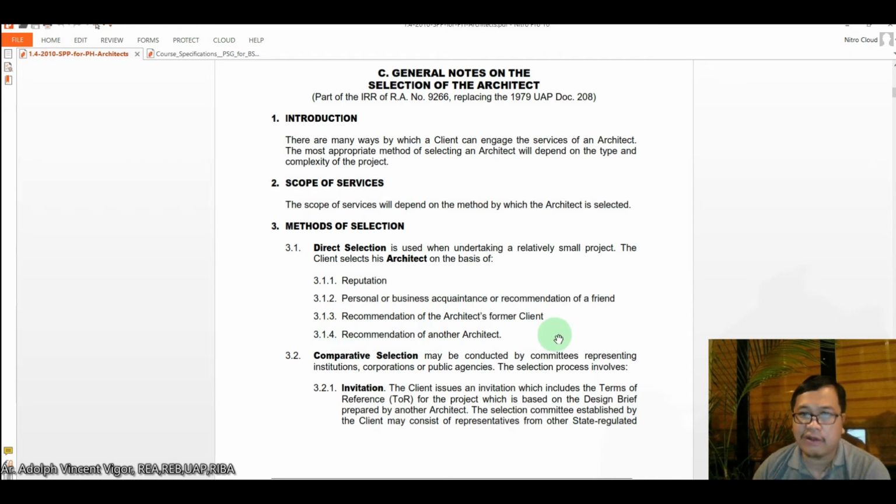So recommendation of your former client, class, it happens when you perform quite well in the previous project and you have built a good relationship with a former client. So usually this really happens, especially if you have delivered what is expected from you. Okay? Then sometimes also you will get projects through the recommendation of another architect.